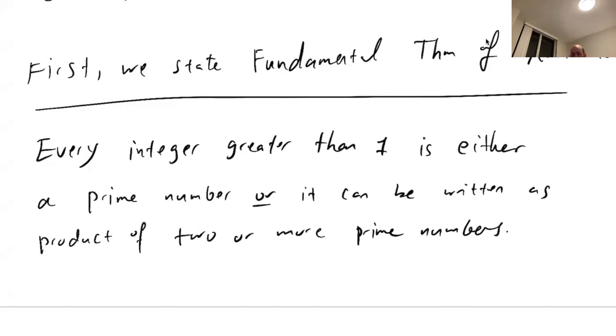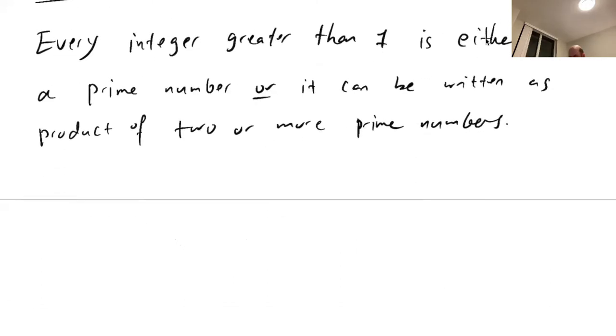Every number is either a prime number itself, or it can be written as a product of two or more prime numbers. So this is called the fundamental theorem of arithmetic.